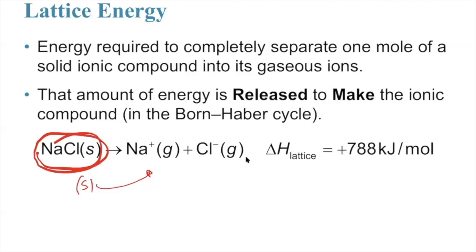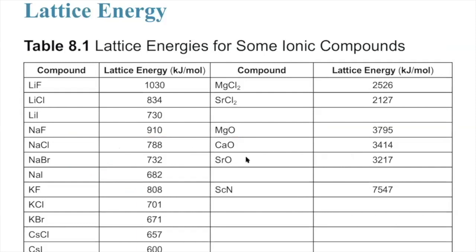To make the ionic compound, we use the Born-Haber cycle, which we're not going to be touching on, but it's pretty much how you end up calculating the energy. In your book, you have a table with different lattice energies, which you can use if needed, but you're not going to be using that.